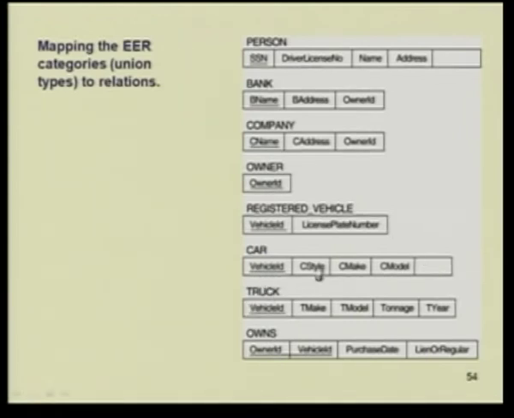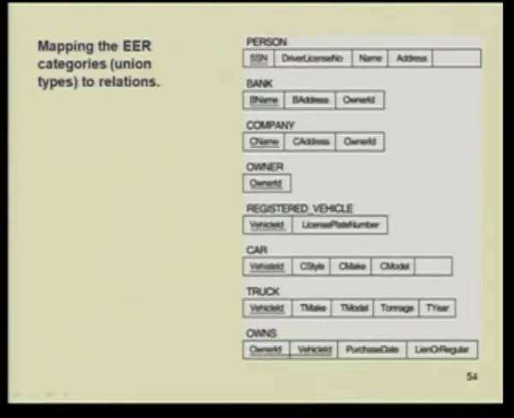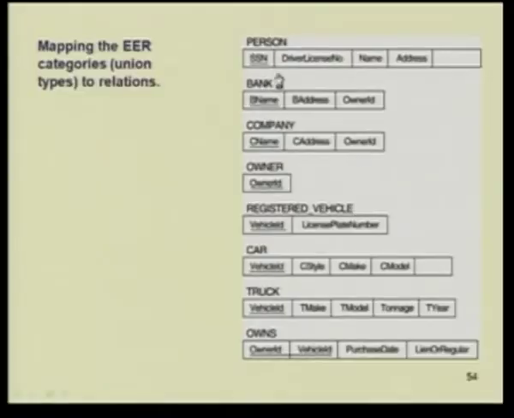Then you have car, truck, which will have the vehicle ID and the attributes corresponding to this. Truck also you will have those attributes, and then you have owns. Please note owns has owner ID and vehicle ID, and purchase and the attributes associated with this. So, this is how the particular mapping is being done. Now, you come here, you have person, bank, company, owner, registered vehicle, car, truck and owns.